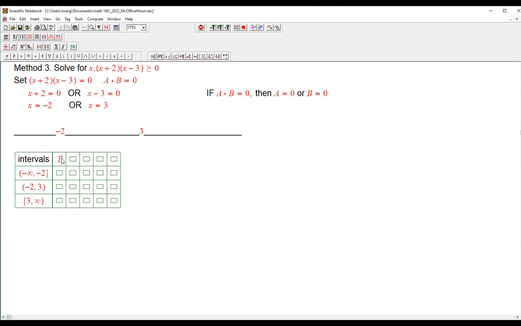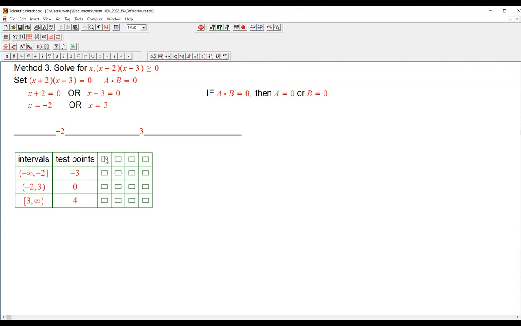And then we have test points. We pick test points always inside the interval. So for example, in this interval I'm going to pick negative 3. In that interval, I'm going to pick 0. In this interval, I'm going to pick 4.